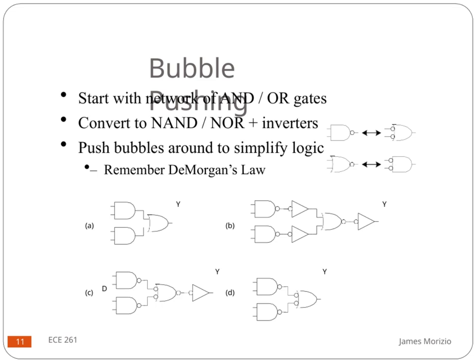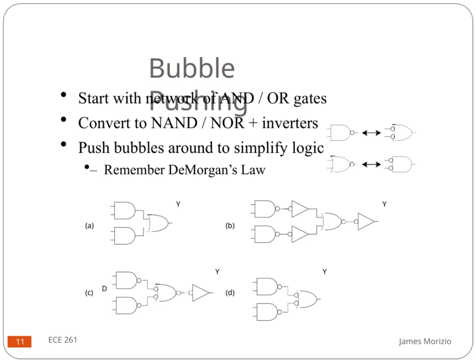This process helps us simplify the logic by applying De Morgan's law, which is crucial to understand here. Essentially, this law shows how inverting inputs and outputs can transform AND gates into OR gates and vice versa, allowing for cleaner, more optimized designs. The key takeaway is that by systematically moving these bubbles and using the right gate conversions, we can achieve simpler, more efficient logic circuits.